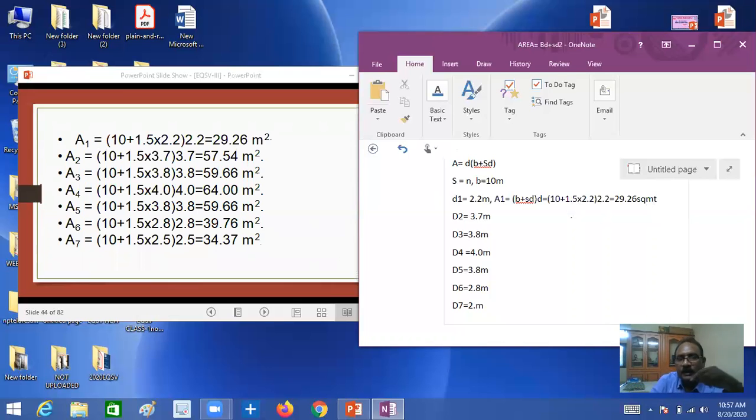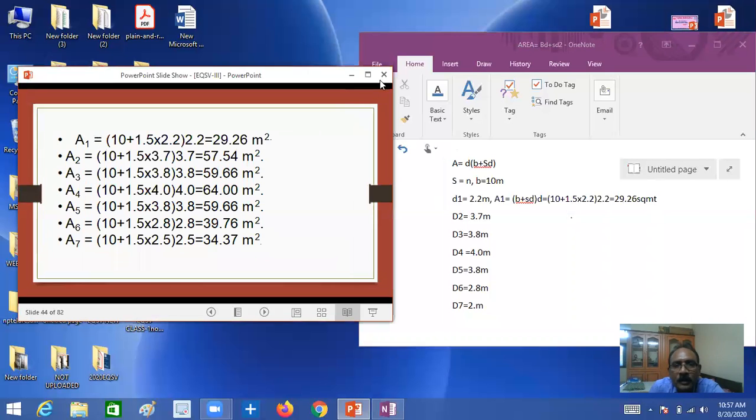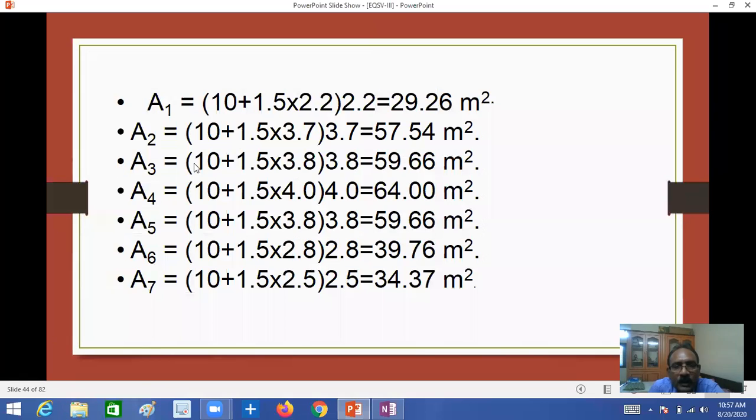In this way, you have to calculate A1, A2, A3, A4, A5, A6, A7, the cross-sectional areas across the embankment.